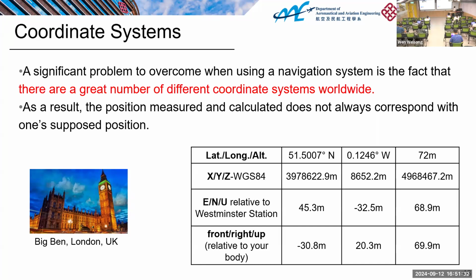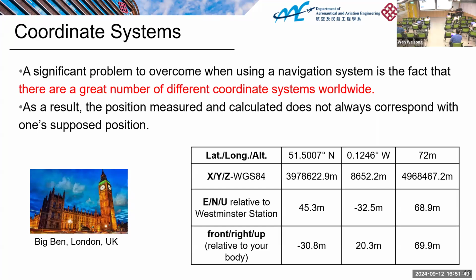If you want your coordinate system to be applicable to both the US and maybe the Asia area, you need a global coordinate system. The local coordinate is not good enough.